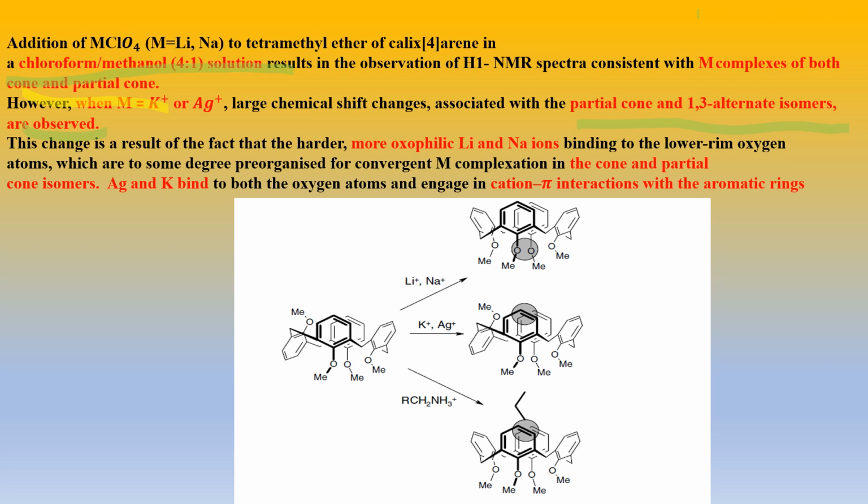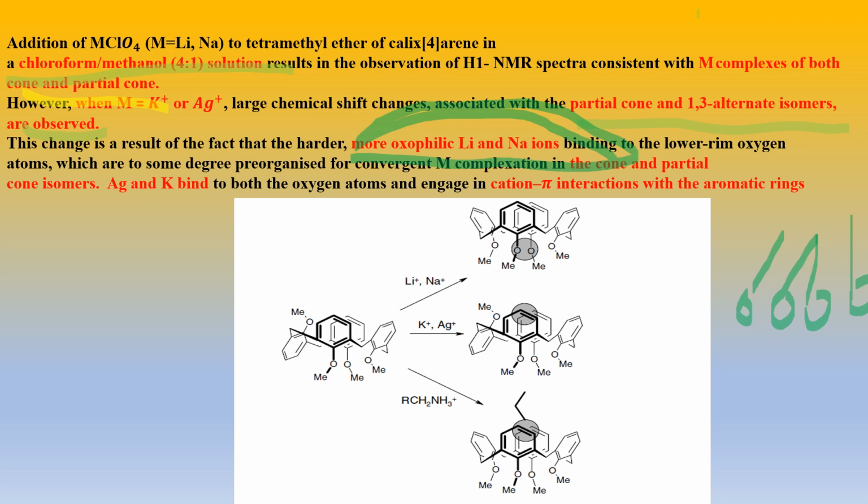Why is the conformer totally different when the metal ion changes? The main reason is that lithium and sodium ions are more oxophilic, meaning they have more affinity for oxygen. So they are easily bound by the lower rim, since the oxygen atoms are present in the lower layer. The lower rim oxygen atoms get pre-organized to the oxophilic lithium and sodium.